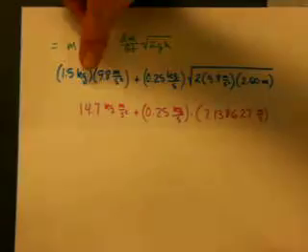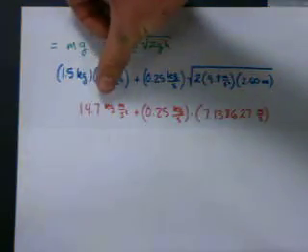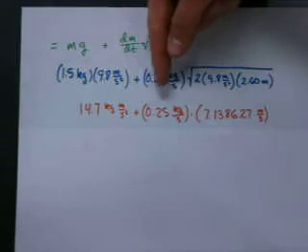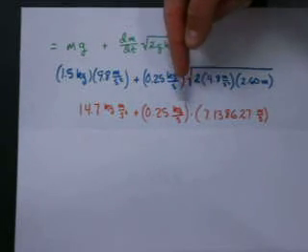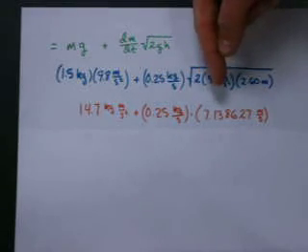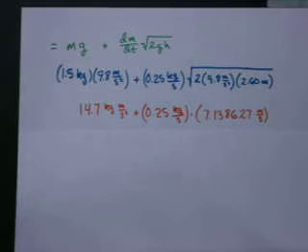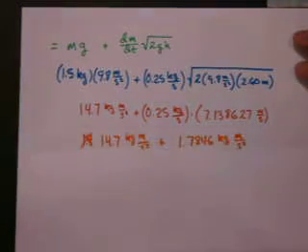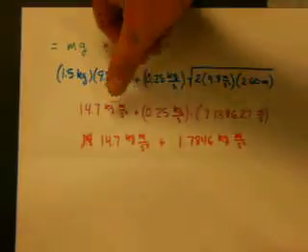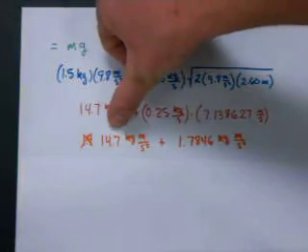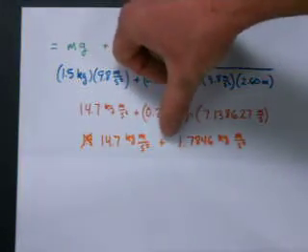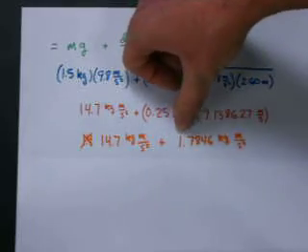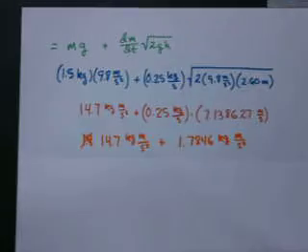Working that out, you end up getting 14.7 kilograms meters per second squared plus 0.25 kilograms per second times 7.138627 meters per second. Moving down, you're left with 14.7 kilograms meters per second squared plus 1.7846 kilograms meters per second squared.